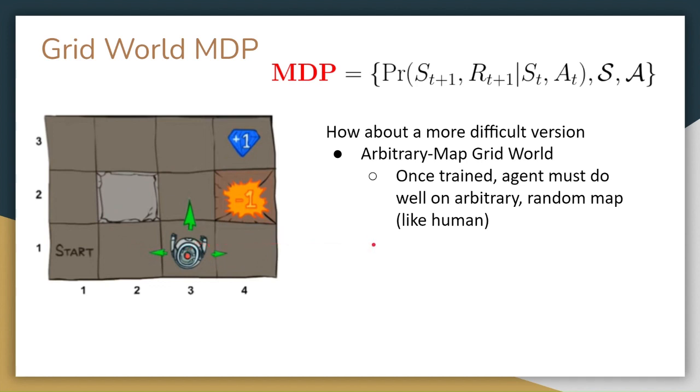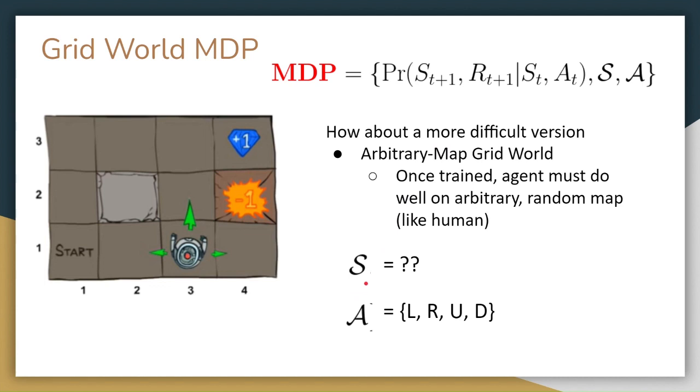But anyway, in this case, what is the MDP? Especially, what is the action space and state space? The action space is actually the same, right? Because no matter what the map is, you always have 4 actions: left, right, up, and down. But what about the state space? Now the position is not enough anymore. When you consider whether the information is enough or not, you have to understand the state of the game.